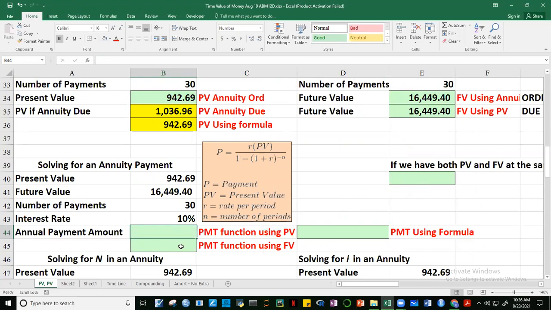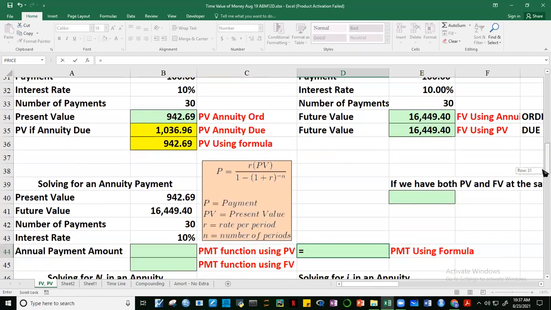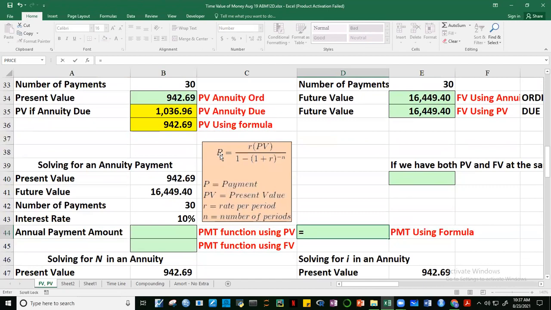Using the formula, dito natin ilagay. P is equal to, wait, mali. Tama. Ang hinahanap natin si P, si payment. And it's equal to R, which is the rate, multiplied by, so we're going to follow the formula.